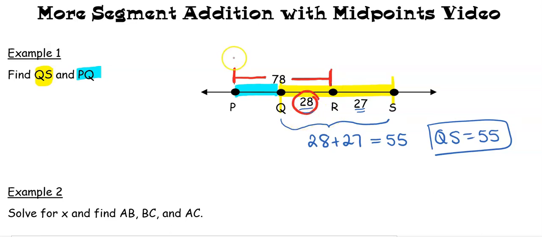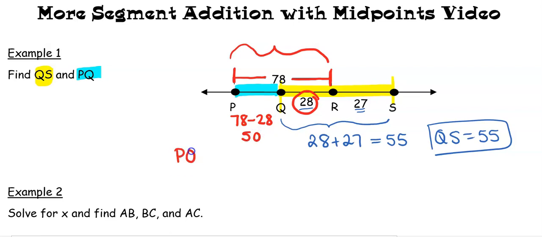So I'm given this whole piece and a part of it. To find PQ, I know it's part of that whole 78. This part is representing the 28. I'm finding the missing smaller piece. So for this one, I want to subtract 78 minus 28 to get the 50.